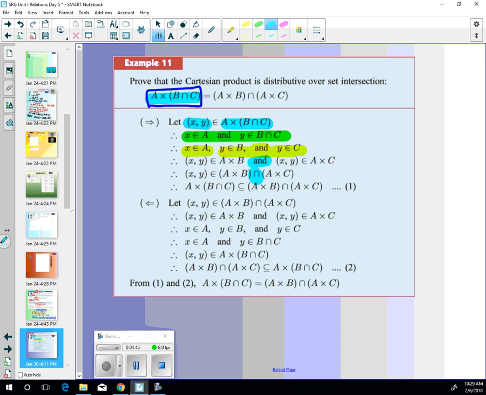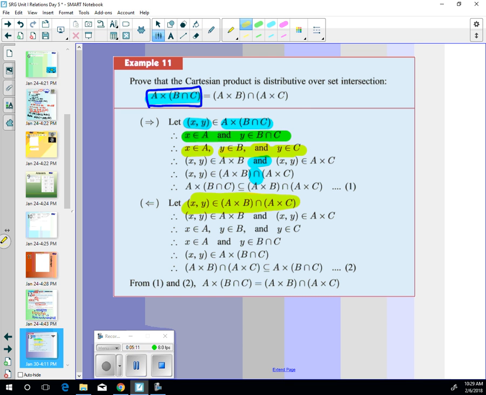Same old thing. Now we're going to do it in reverse. (x, y) is an element of A cross B intersect A cross C. So now we're going to start with the end. x pairs with the first part, A cross B. y pairs with the second part, A cross C. And then you break those up. x is an element of A in both cases.